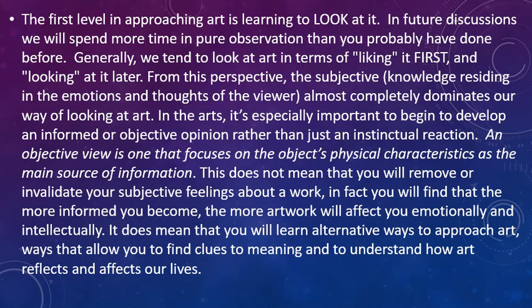So in the first level, we need to look at it rather than just liking it or ignoring what is the meaning of art by the first impression that it gives us. So that is the first level, and that is more on the subjective view of the viewer.